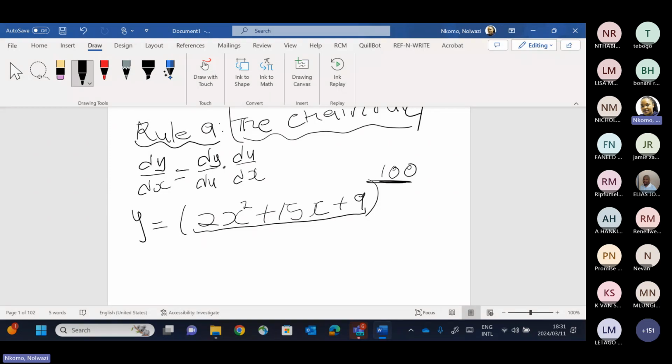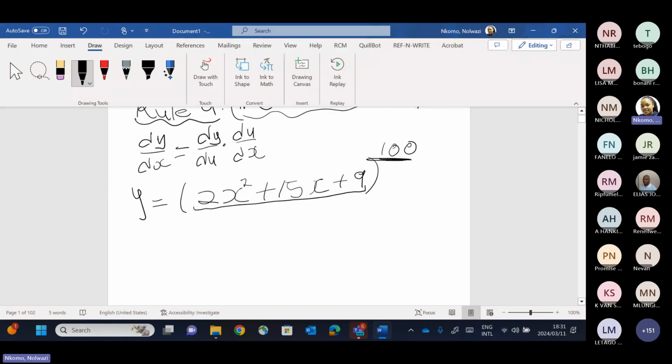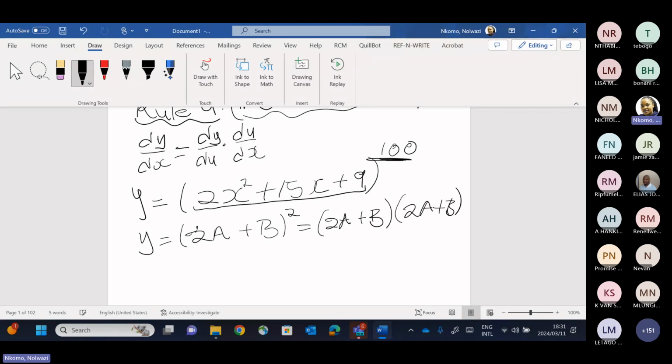Because, for example, if you have y equals, let me just say, 2a plus b squared, you know that you can write this as 2a plus b times 2a plus b, and then you expand the brackets.